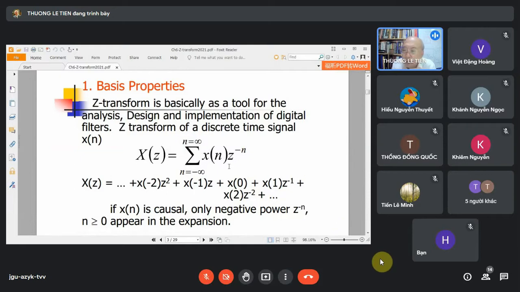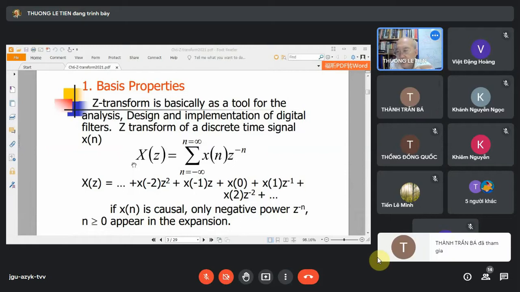So I want to remind you again what the corresponding Fourier analysis is when we compare it to the Z transform. Can any of you answer?